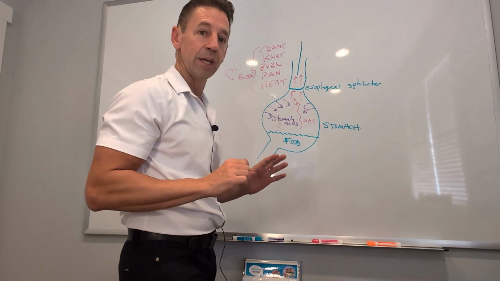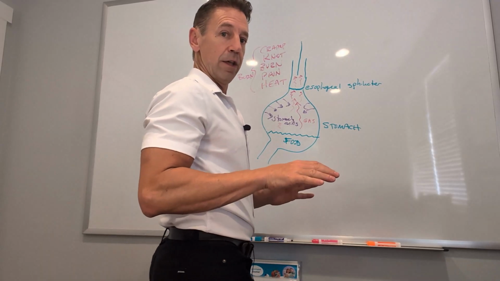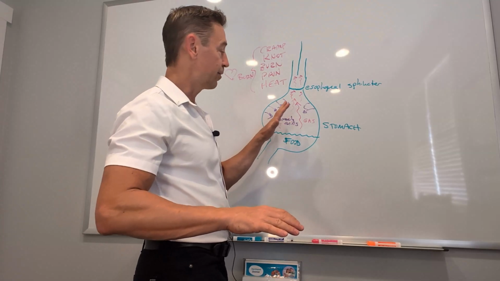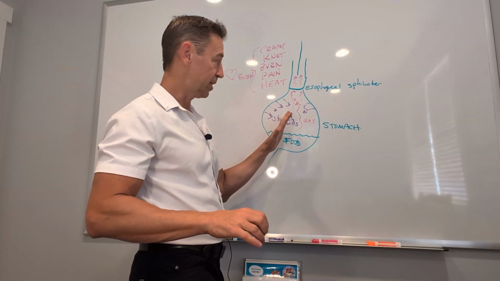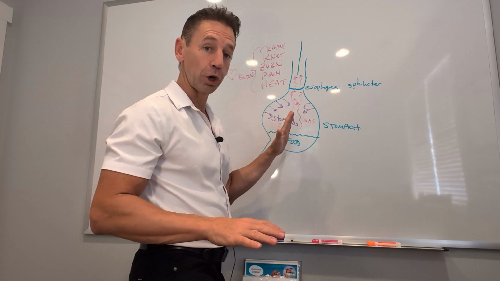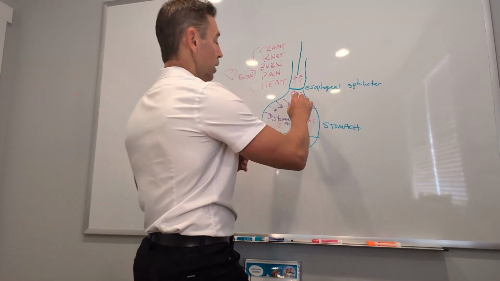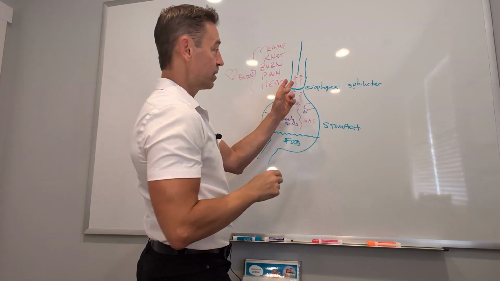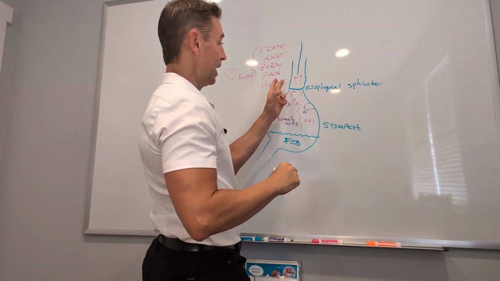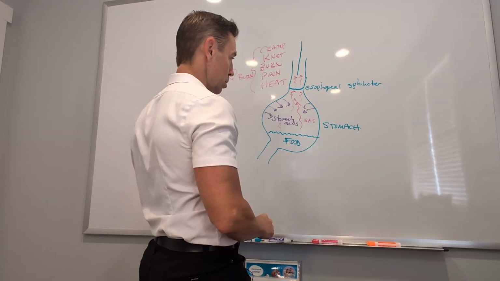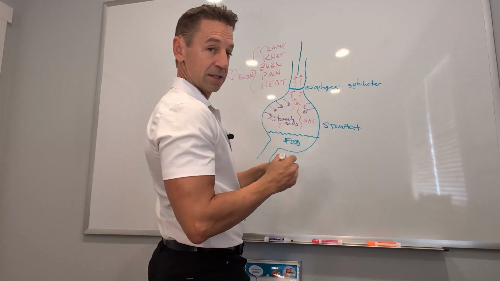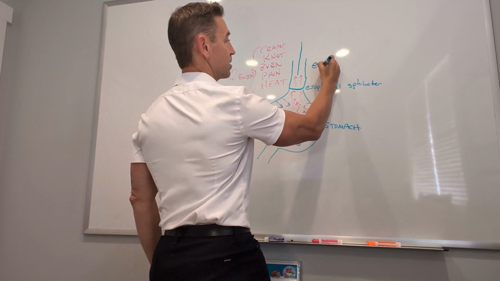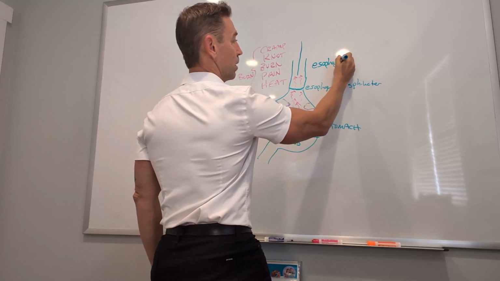Now, here's what's interesting about that. The long-term effects of acid reflux are called GERD. So when you have these gases and acids making their way up into the bottom of the esophagus, it can damage the bottom of the esophagus. That damage is known as esophagitis.